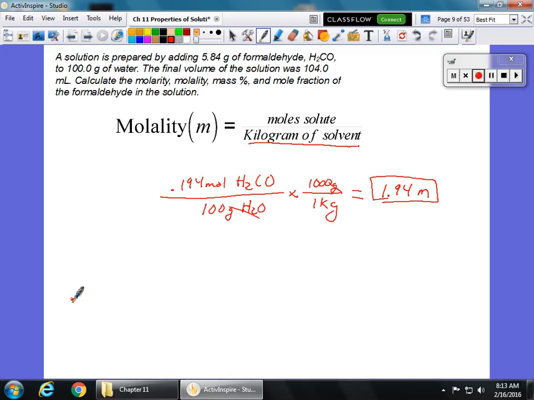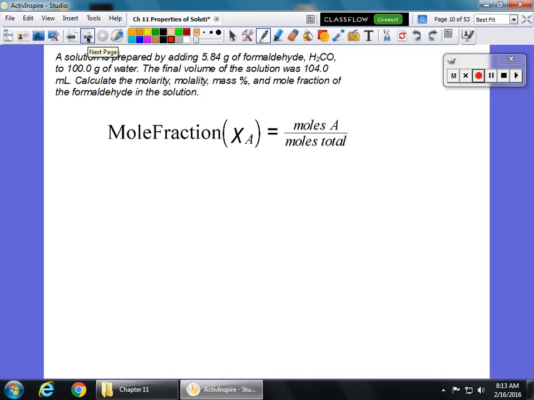Okay, and our last one is the mole fraction. Mole fraction is the moles of whatever it is you're looking for, it could be the solute or the solvent, over the moles total. So we need the moles of the formaldehyde and the moles of water. We already know that the formaldehyde was 0.194 moles of the H2CO.